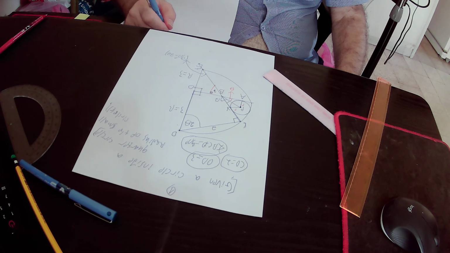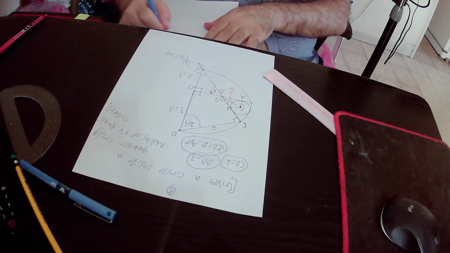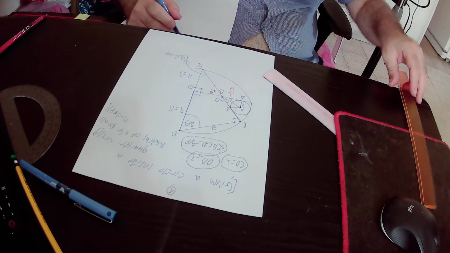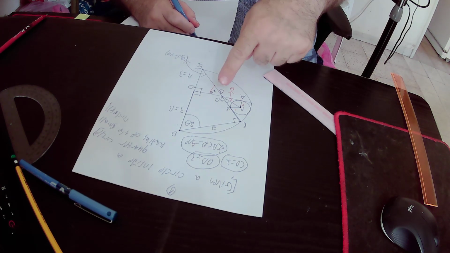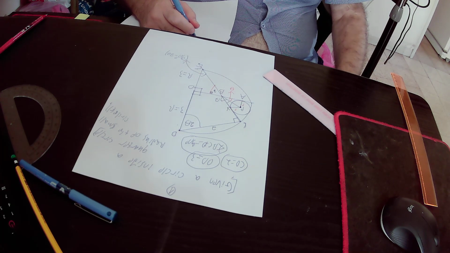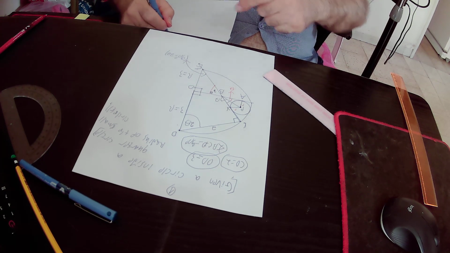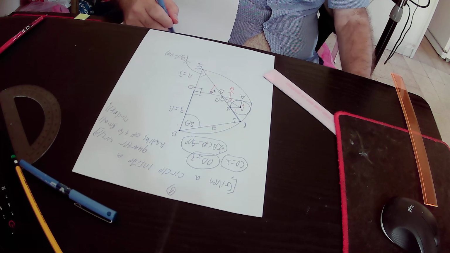In triangle BOE, we know that tangent 2 theta, this angle is 2 theta, so tangent 2 theta equals OE over BO.